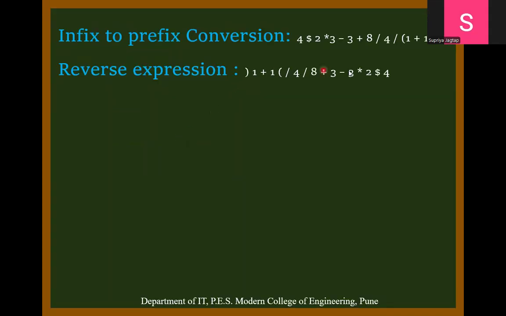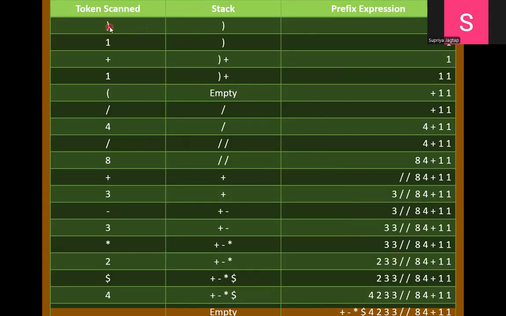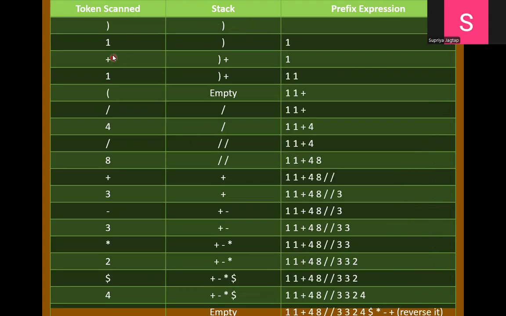After reversing, we first come across a closing parenthesis. For a closing parenthesis, push it into the stack. Then the next token is a number, add it into the prefix expression or resultant string. Then we'll come across plus, an operator.